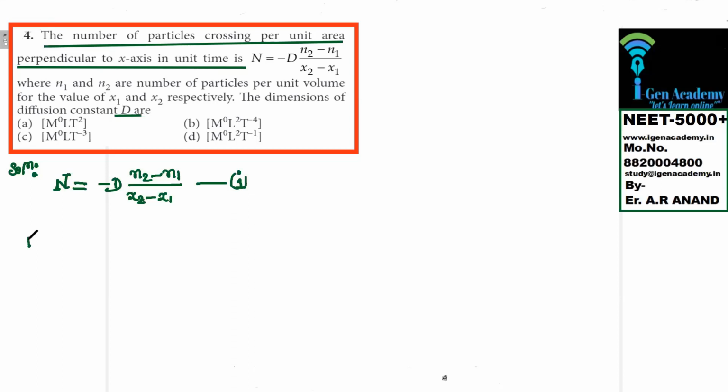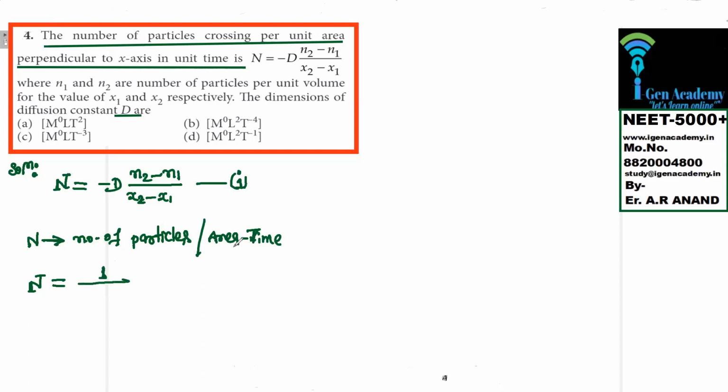So let me write this N. They are saying number of particles per unit area, per unit time. If we want to write the dimensions of this capital N, what do we need to do? Simply, number of particles is just a number, so it does not have any dimension.